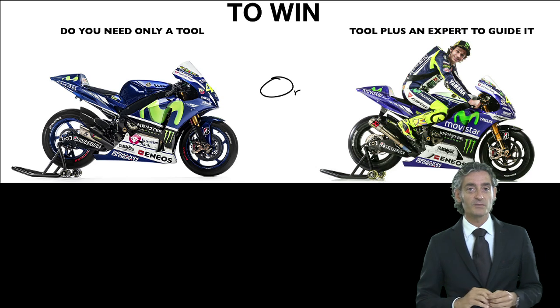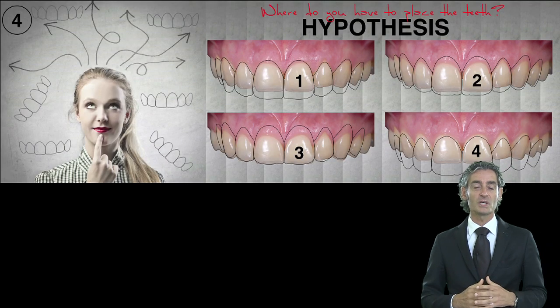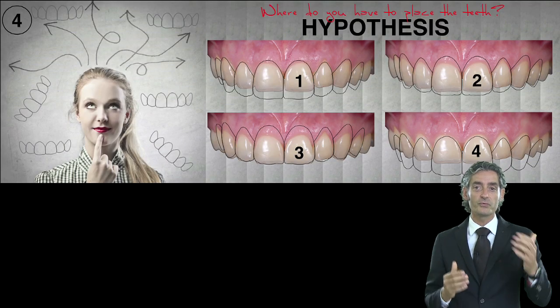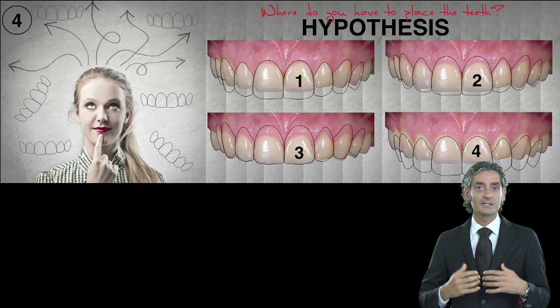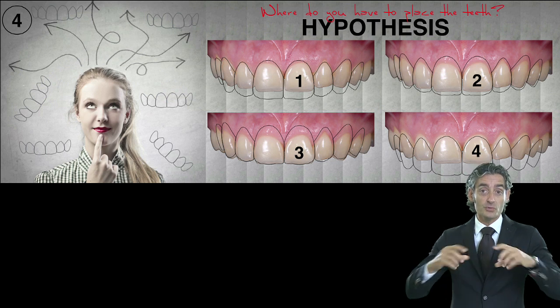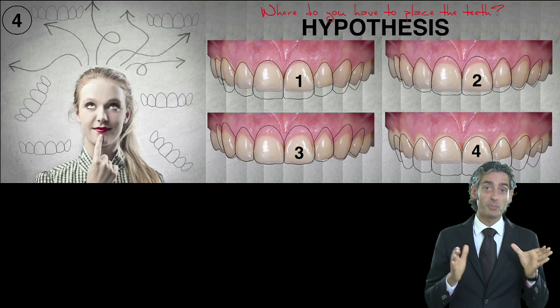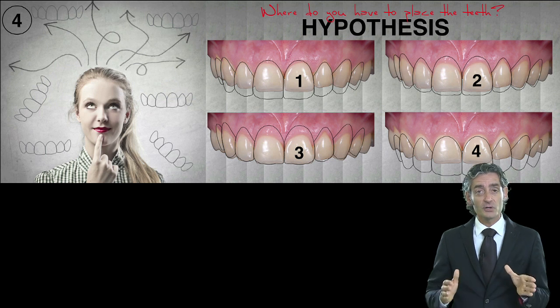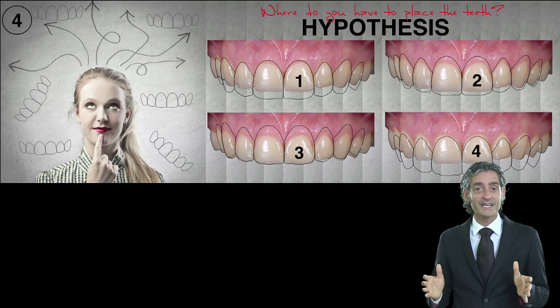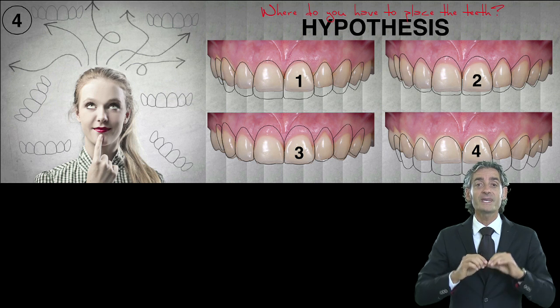For example, we can choose option number 1, 2, 3, and 4. The digital smile design gives us the opportunity to design these teeth, but we have to learn where to place these teeth. And then according to this aesthetic analysis that we saw before, we can start to create this hypothesis.